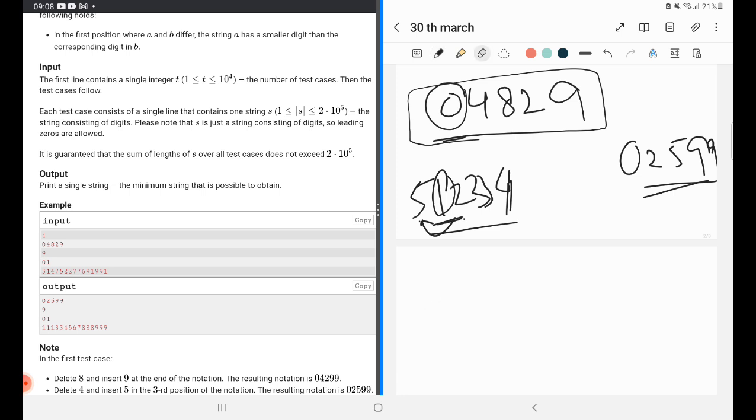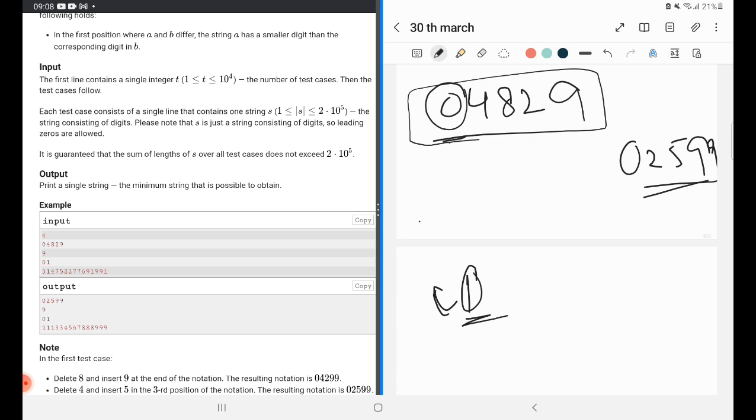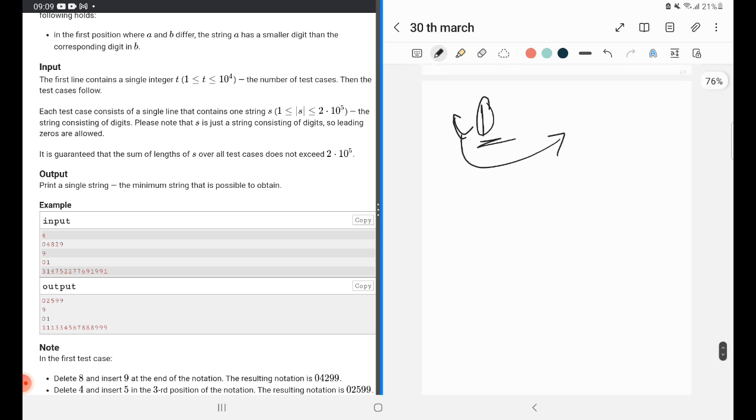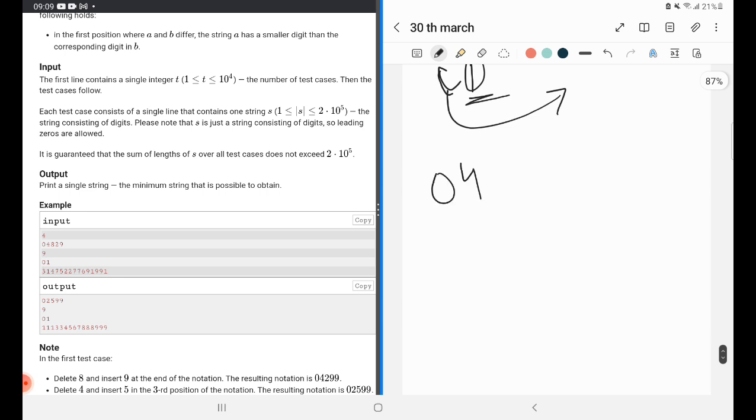So one thing is very clear, that whichever is going to be the smallest number, say 1 is the smallest number, and if there are digits before this, we would always want to shift them towards the end. Like in this case, if I take this example 0 4 8 2 9, the smallest number 0 is already present at the right place.